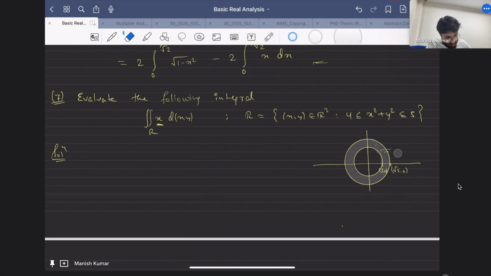So what could be the other way? We have to split in 4 parts, sir. So you are saying we will split it into 4 parts, but we also know there are polar coordinates, right? What you are saying is correct, but let me first discuss that.